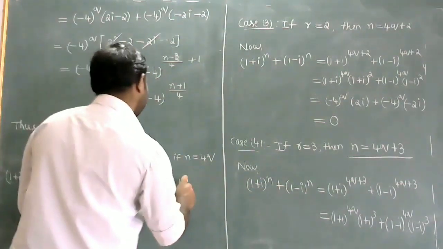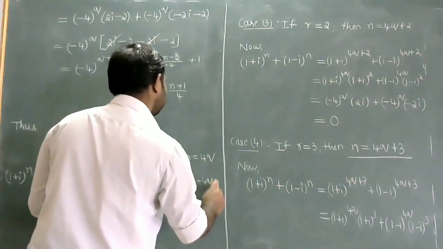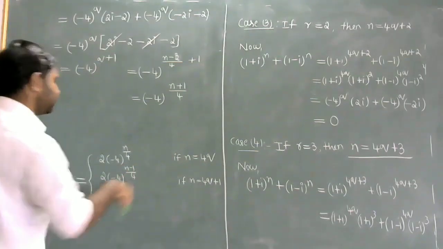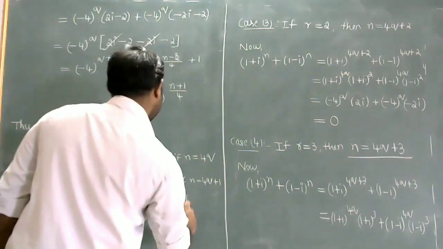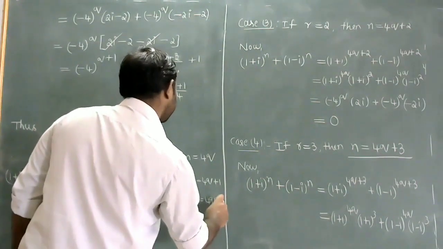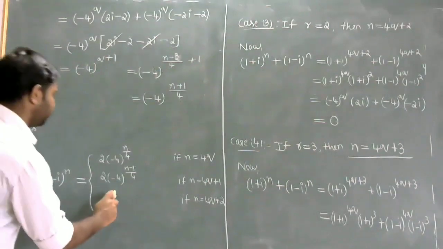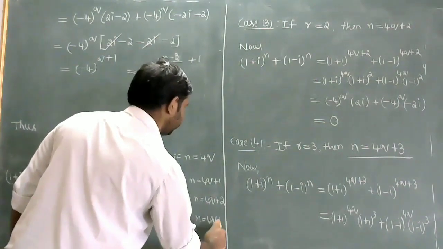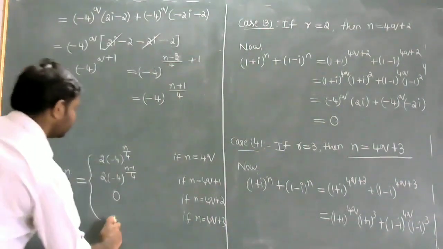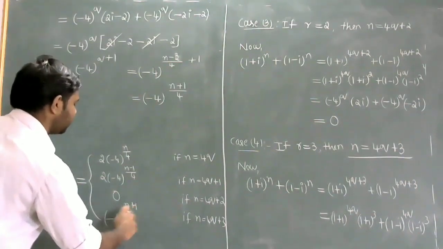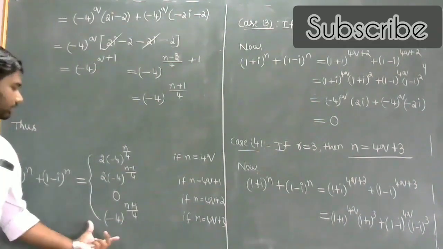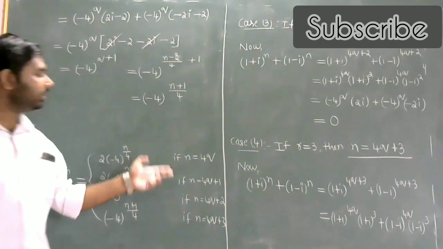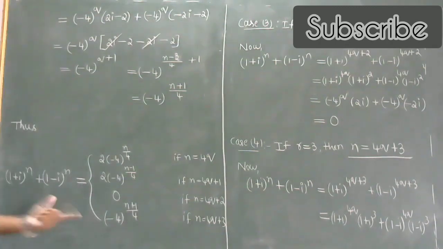And if n is of the form 4q plus 1, we proved it to be 2 into (minus 4)^((n minus 1) by 4). And if n is 4q plus 2, that is if remainder is 2, the value of this number is 0. And if the remainder is 3, that is if n is 4q plus 3, value is (minus 4)^((n plus 1) by 4), right? So this is the value of this number where n is any non-negative integer having these 4 forms based on the remainder when divided by 4.